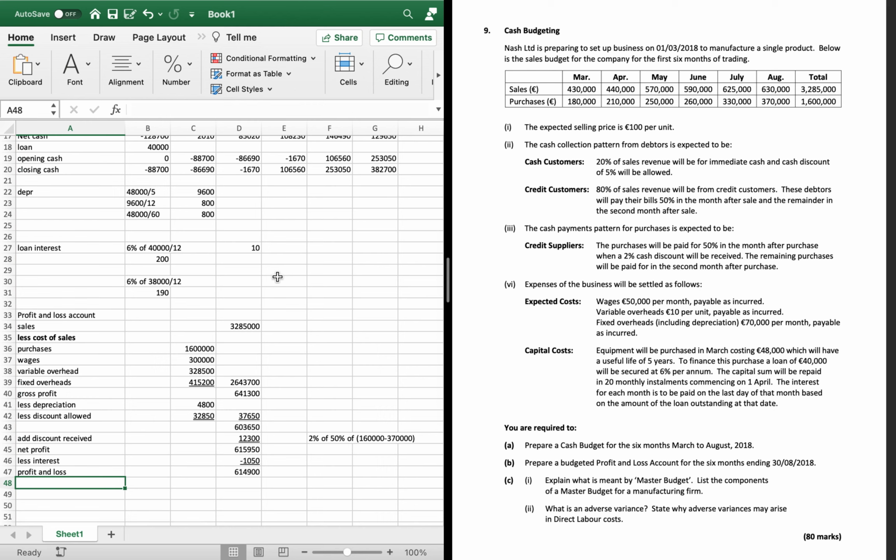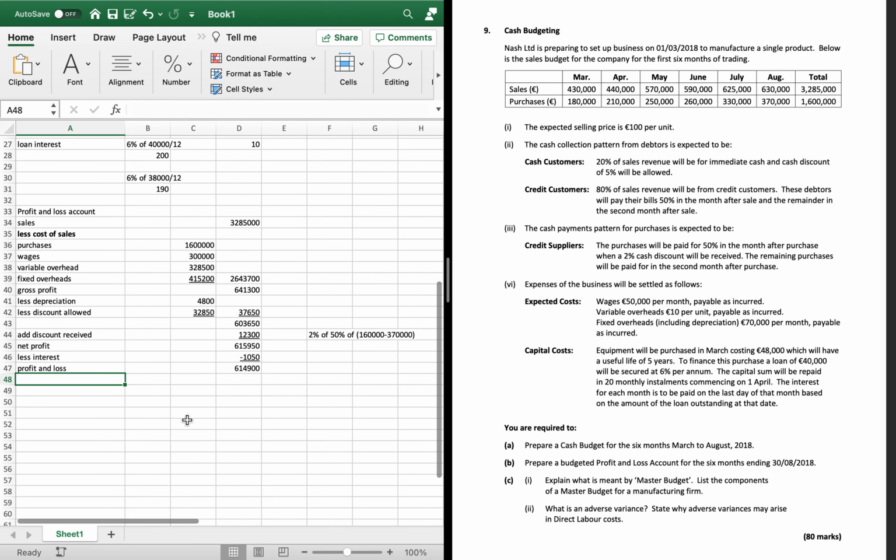Okay, so that's that done. Explain what's meant by a master budget. Right, so a master budget is a summary of all of the budgets and provides an overview of the company for a planned period. So it's a summary of all budgets. Right, so we'll just get that down. So what's it do?